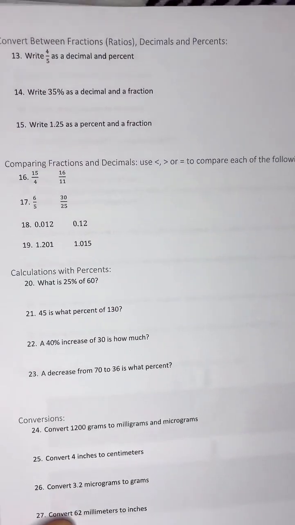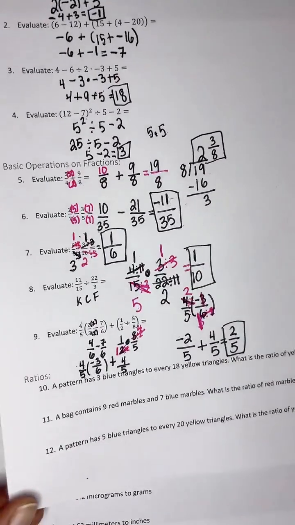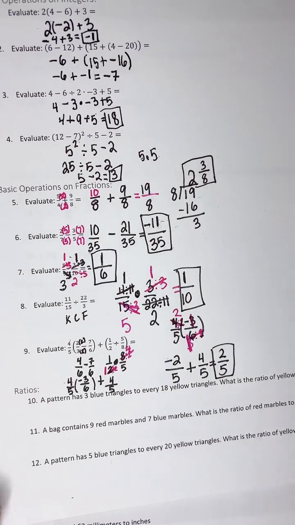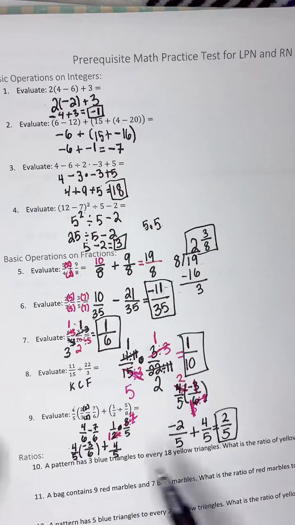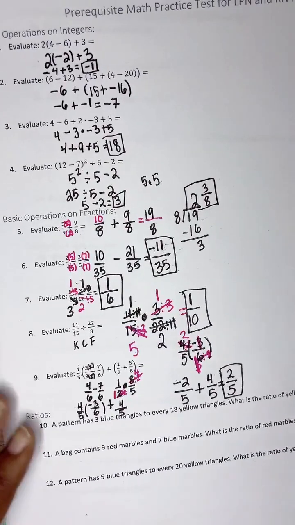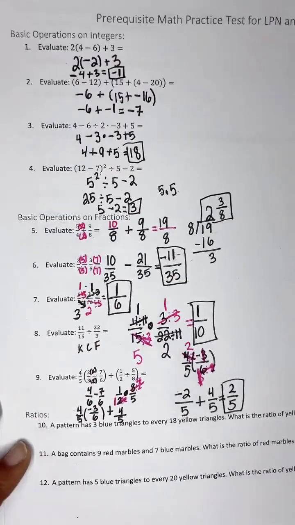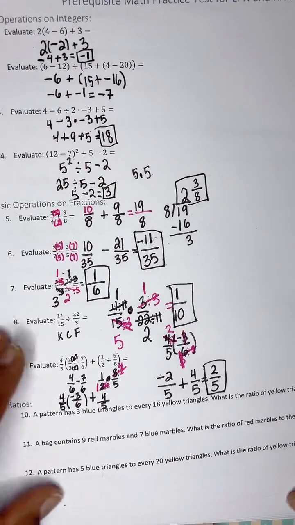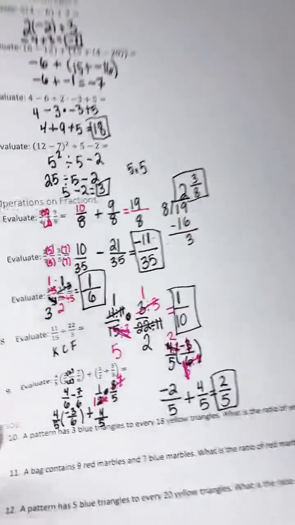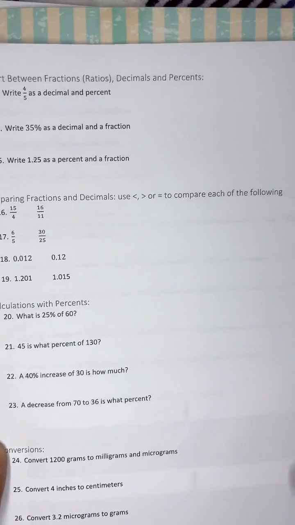Okay, so should we skip these, you guys, because you can't really see them, or do you want me to just read them? Put it in the chat. Skip. Okay. Yeah, let's skip. Okay, let's go here.